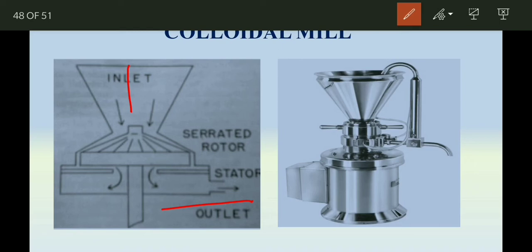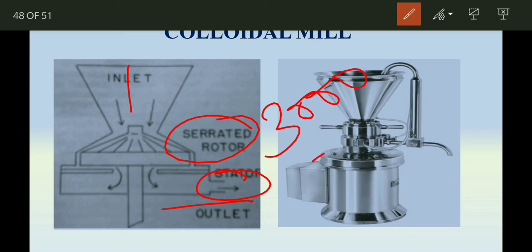Shearing takes place in a narrow gap between a static cone, that is a stator, and a rapidly rotating cone, that is a rotor. So the speed of rotation of the rotor is around 3000 to 20,000 rpm.